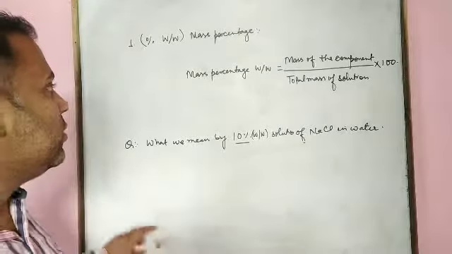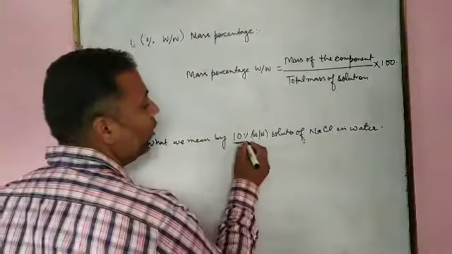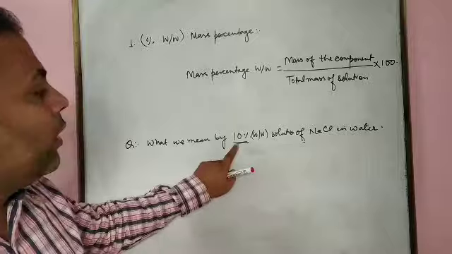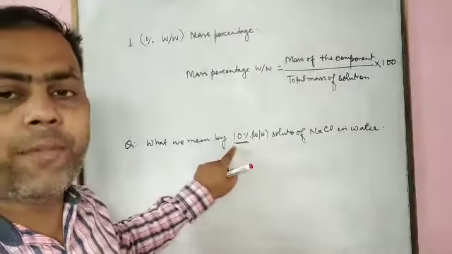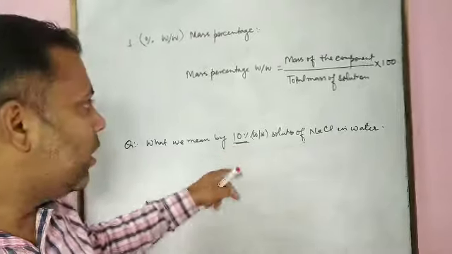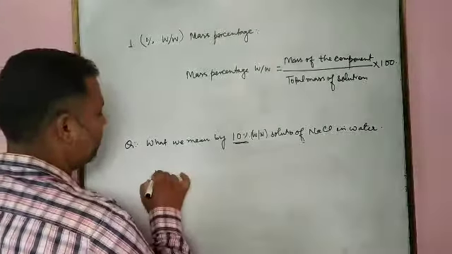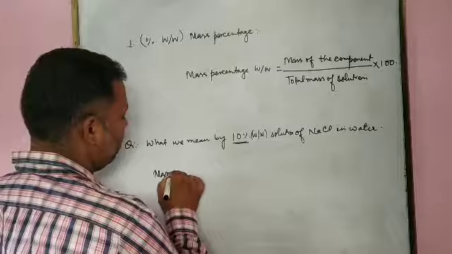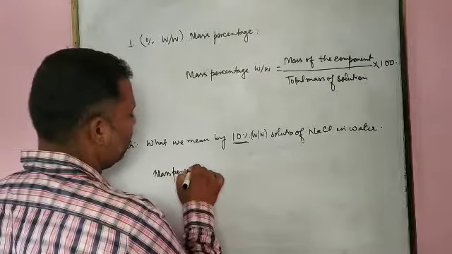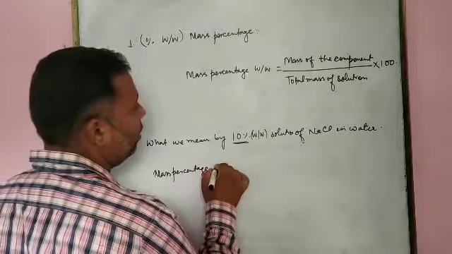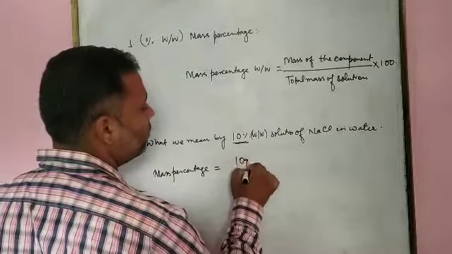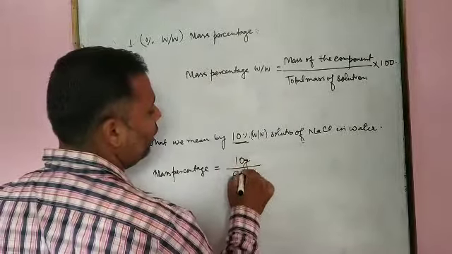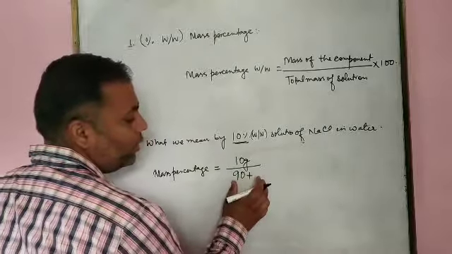Then it means that when 10 gram of sodium chloride is dissolved in 90 gram of water. Let us note mass percentage is equal to what?